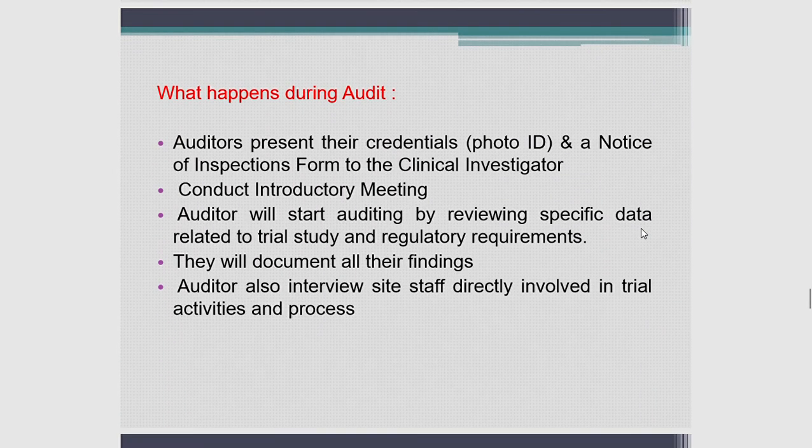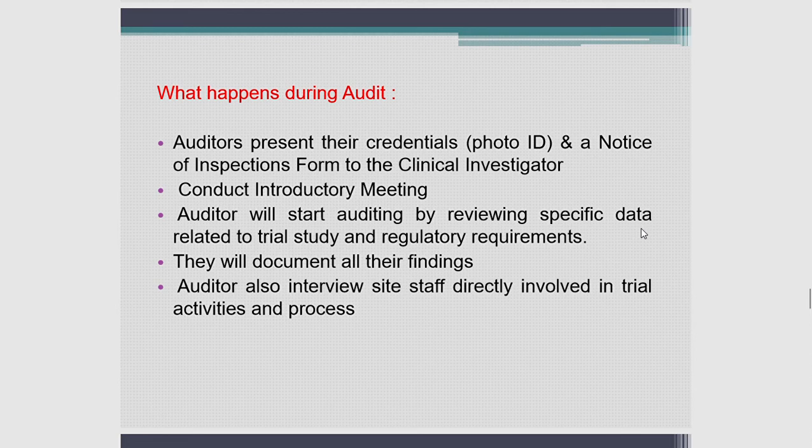What happens during audit? Auditors present their credentials and notice of inspection form to the clinical investigator. Conduct an introductory meeting. The GCP auditor will start auditing by reviewing specific data related to the trial study and regulatory requirements. They will document all their findings.